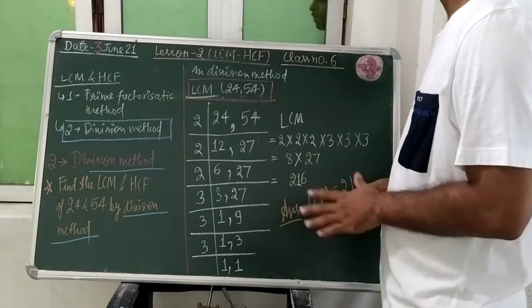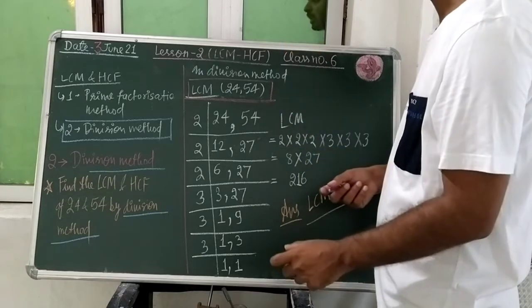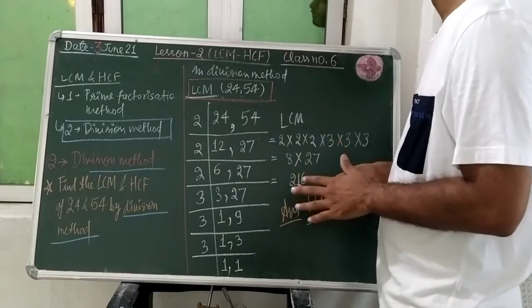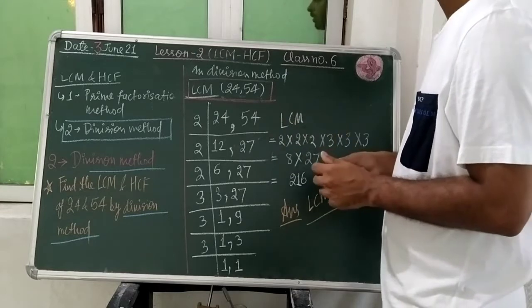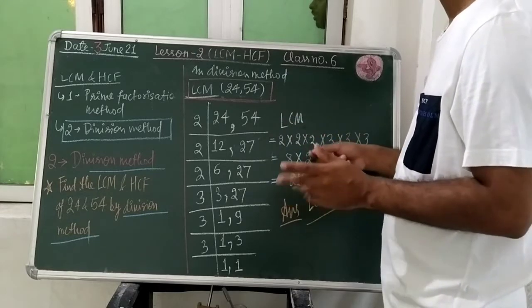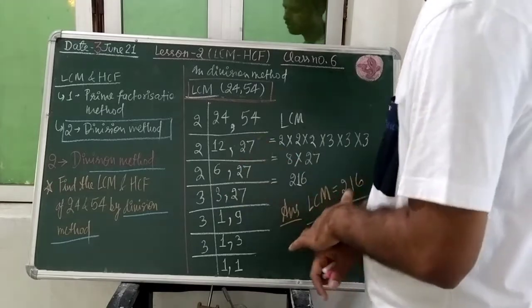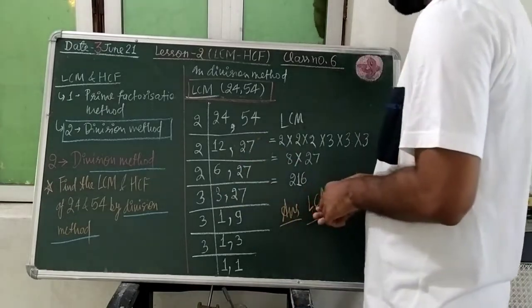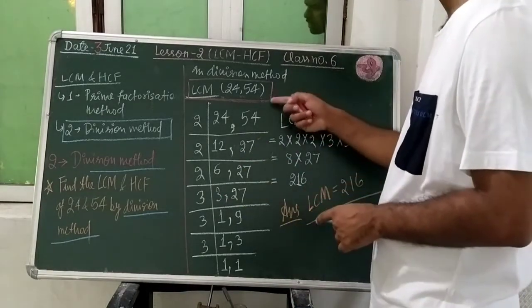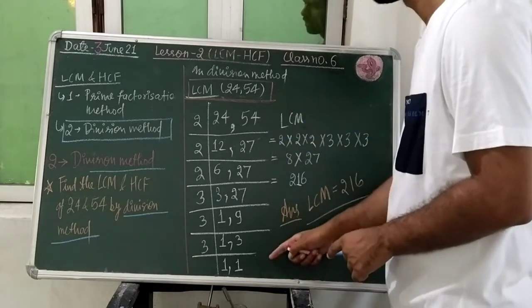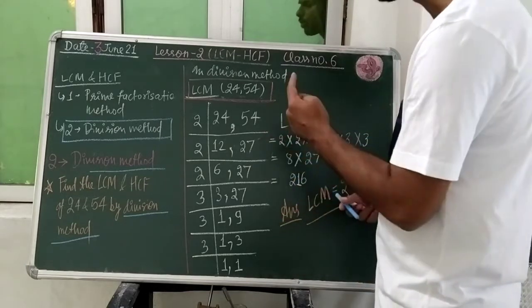So we will ignore 1, select one number, and perform the task. For composite numbers we will start from 2 to 11, and for prime numbers we will select the same number. The same rule we will apply here, but here we will not select only one number.